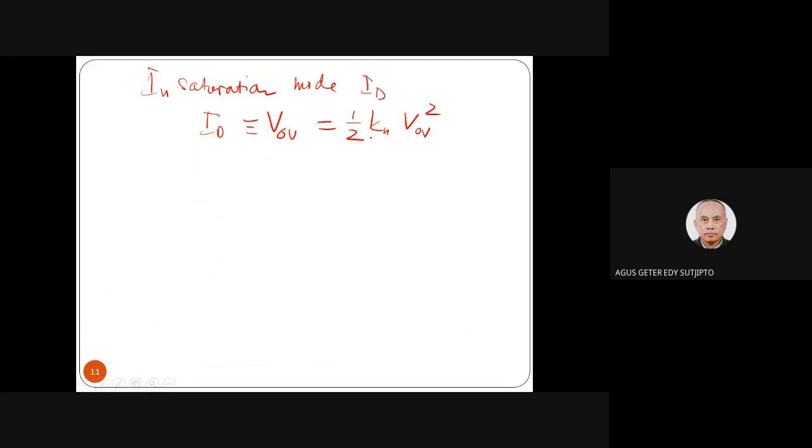So ID is equal to half of Kn times (VGS minus VT) square, where VOV is VGS minus VT.